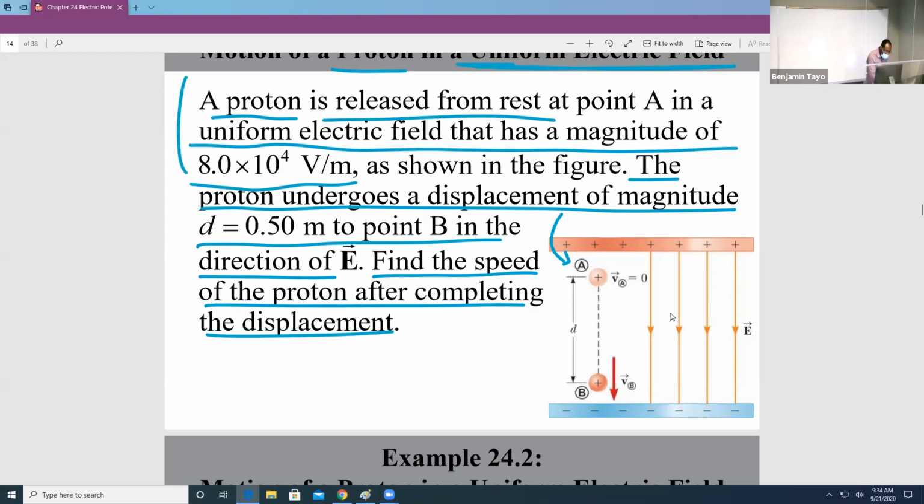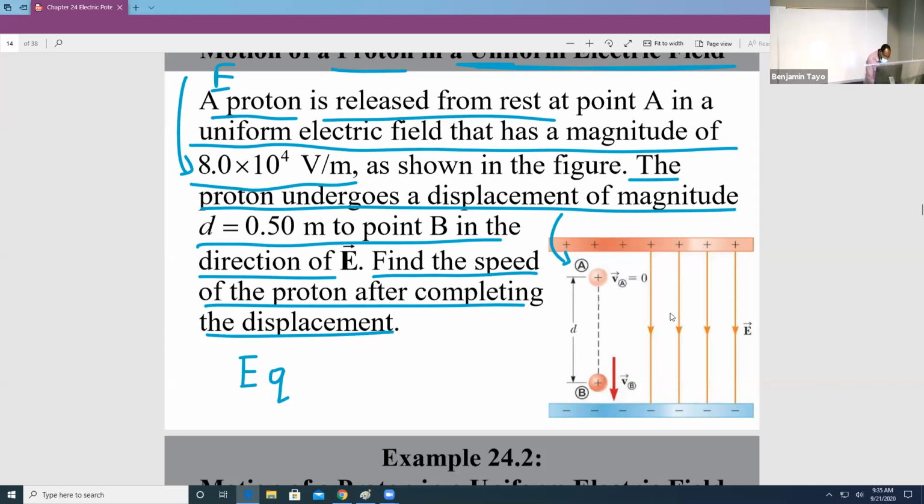This is my electric field, E. If I take this electric field and multiply it by the charge on the proton, what does that quantity give me? Electric field multiplied by charge gives me what? It's force, right? So that's a force.